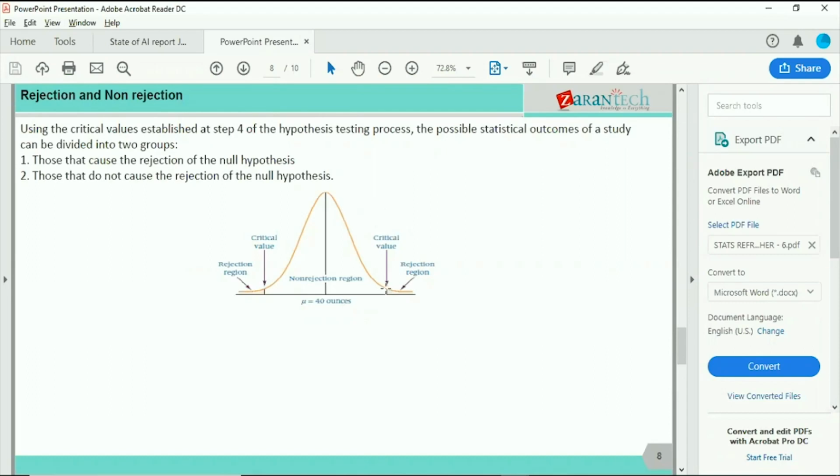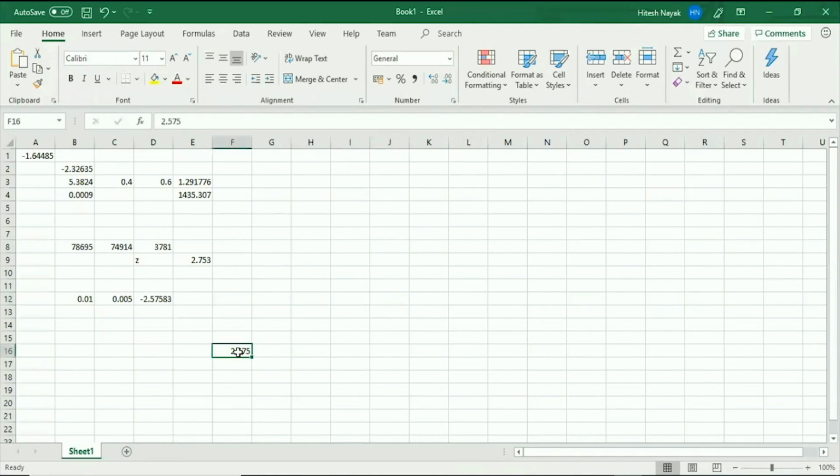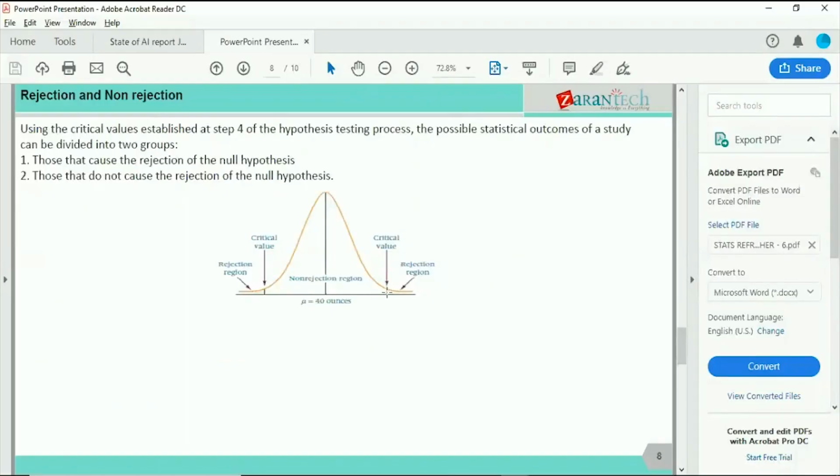Now this is 99%, so I need to find this threshold value, the Z value of this critical value. The critical value for 99% is 2.575 plus and 2.575 minus. Now I'll reject the null hypothesis only when the Z value crosses this.